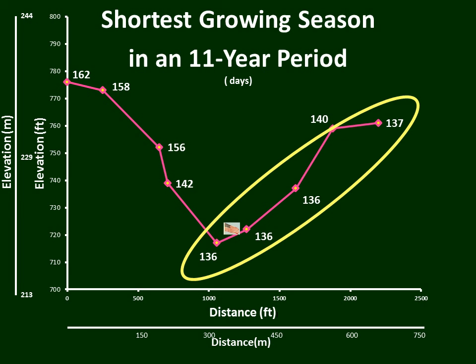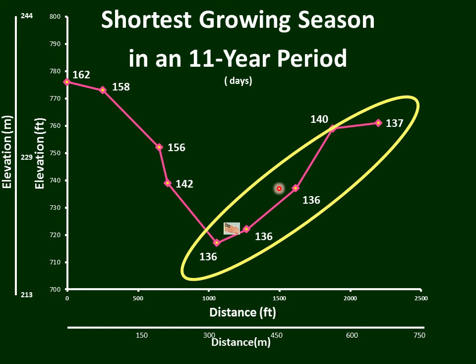And then when we look at these 4 locations, 136 to 137 days in the growing season, the shortest growing season, we talked at length about how this location number 9 is actually importing cold air from further to the south here, and it's coming in and having spring and fall freezes that shorten the season.